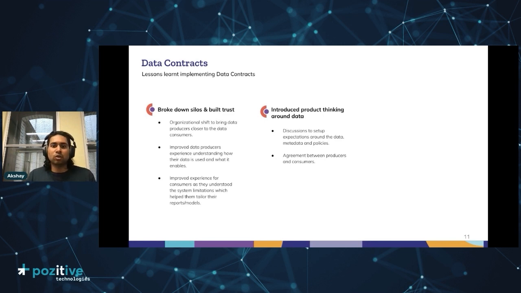The way we went about this is basically we had to set up a working group of sorts where the producers and consumers came together weekly, and they discussed the different data components of the data contracts that we have discussed. So they discussed the schema, they basically discussed what should be the column in each of those tables that they wanted, but also the understanding behind it.